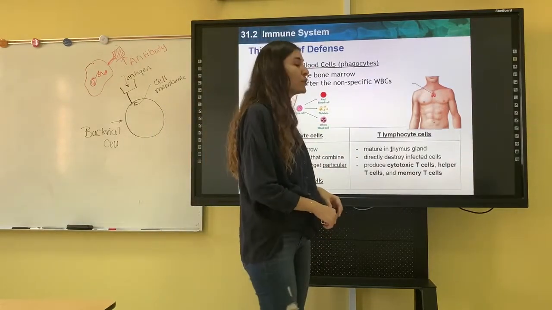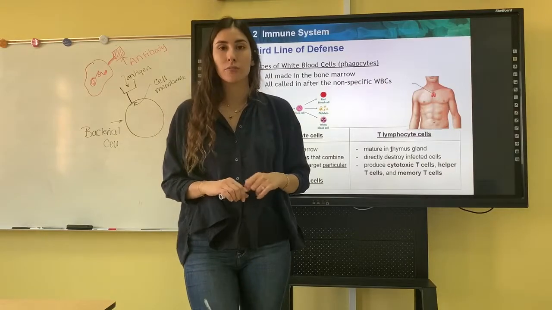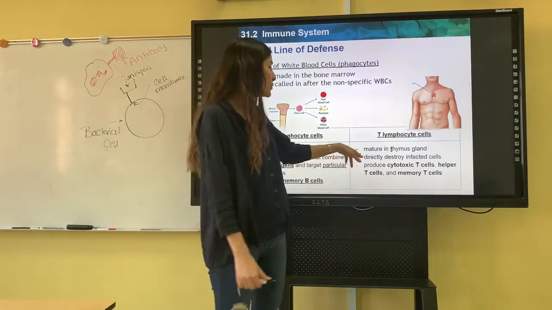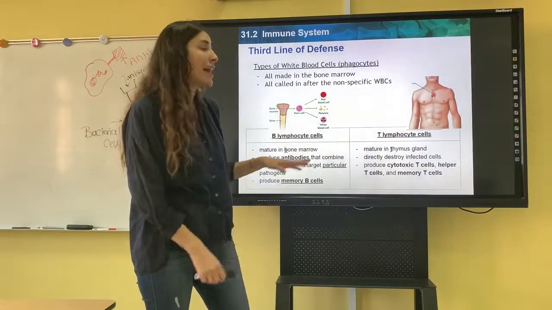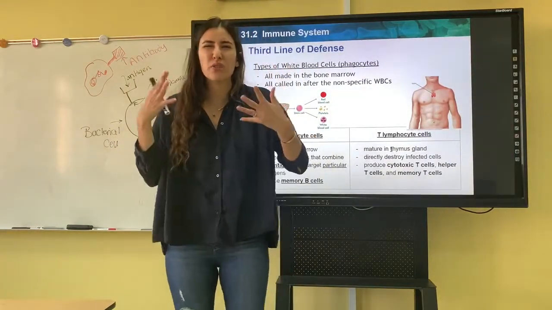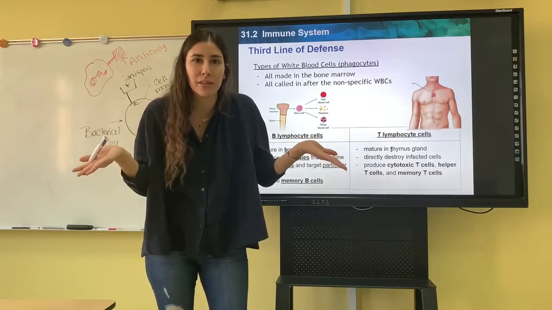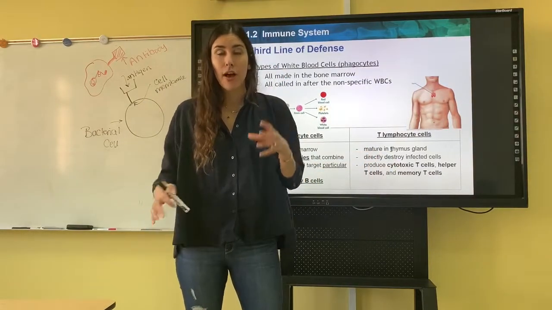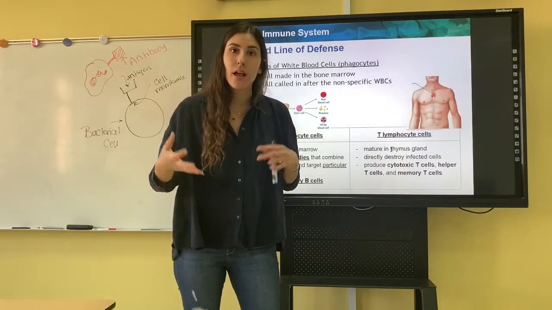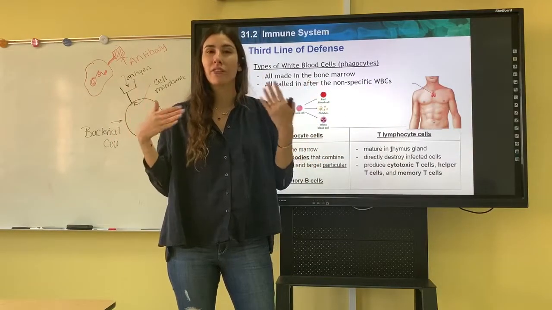T cells also produce memory cells. They're called memory T cells, but they also produce these things known as cytotoxic T cells and helper T cells. What do these fancy scientific words mean, miss? Cytotoxic T cells are T cells that produce chemicals, think of enzymes, right?